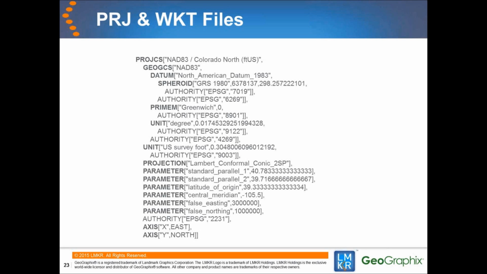There's a geographic coordinate system. That's NAD 83. That is the datum. It's the North American Datum of 1983. We have a spheroid defined. That is the ellipsoid. And those two numbers are the A and the B distances between the center of the Earth and the equator, and the center of the Earth and the pole. Notice that we have an EPSG code for every one of these.